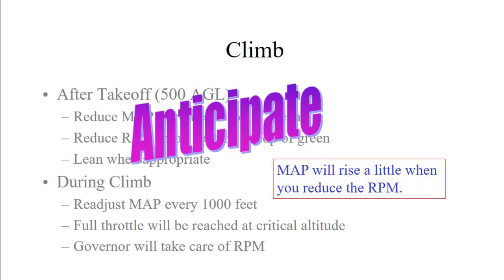And so as you make your power settings, it's important to sort of anticipate that. If you're setting the manifold pressure first on a power reduction, for instance, you know you're going to reduce your RPM in a second. You might as well set the manifold pressure just a little bit low, so when you reduce the RPM, the manifold pressure creeps up to where you want it. If you miss that, it's not a big deal. You can just readjust once the RPM is set.